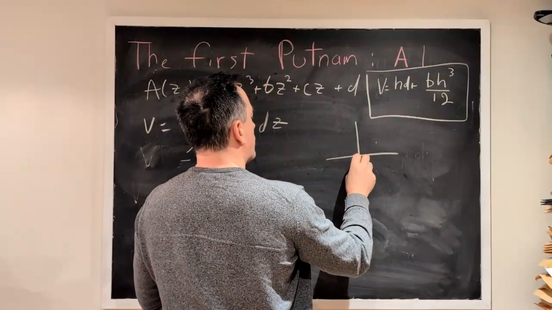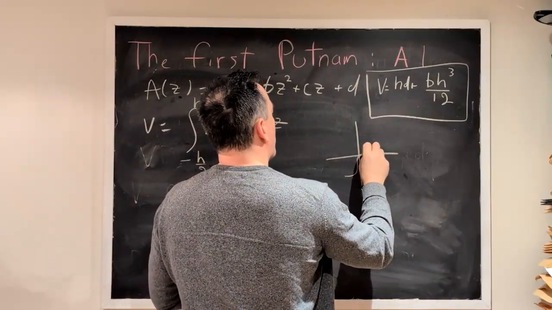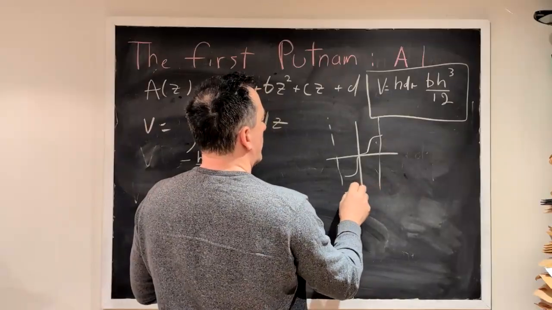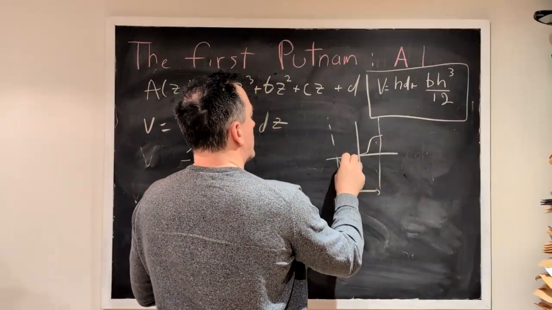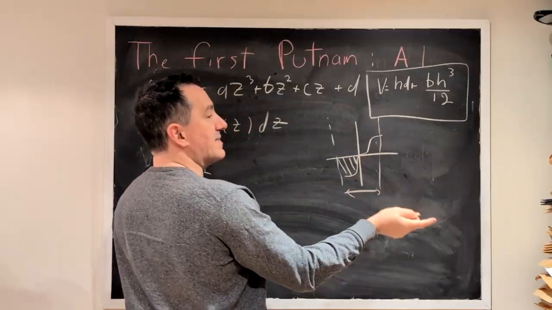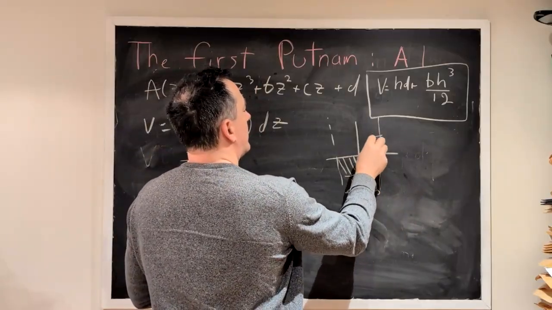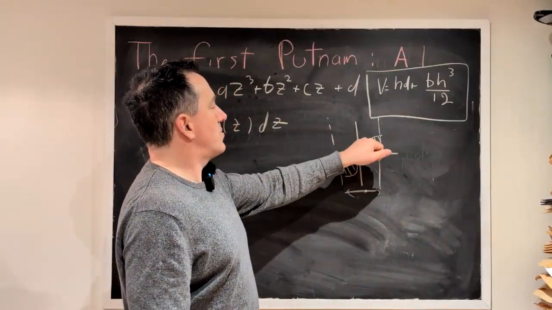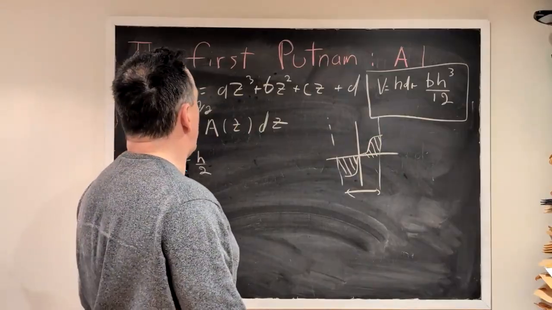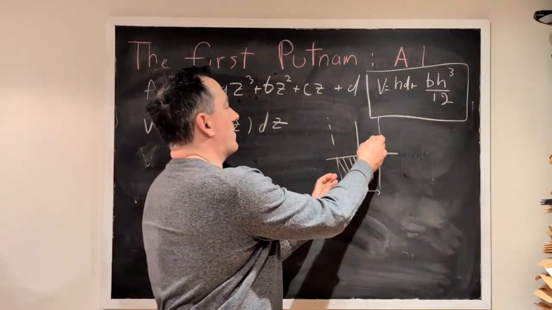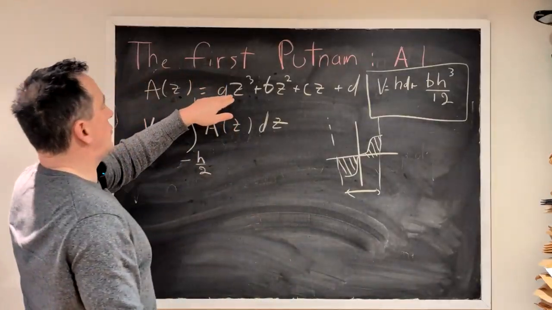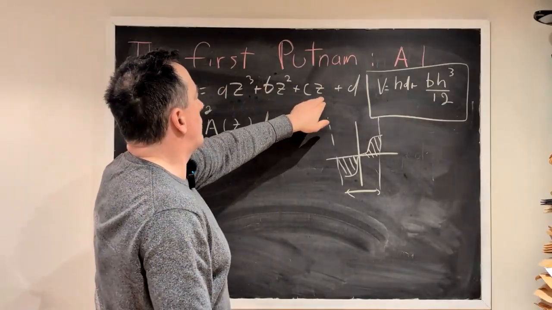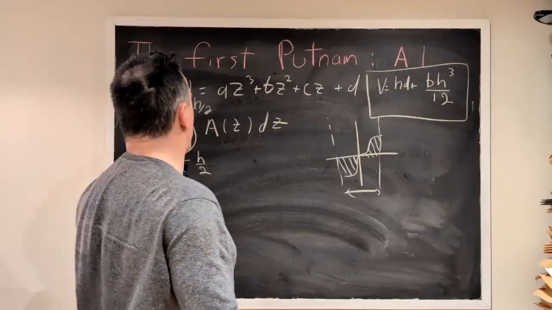So if we have a function that goes like this, and here we have a function that goes like this, when you take the integral over this interval, these things will be negative, and it will be exactly cancelled out by these terms here, which are positive. So we have a negative area plus a positive area, and these will cancel out exactly. So we don't have to take into account the z cube and the z term. We just have to take into account these two terms.